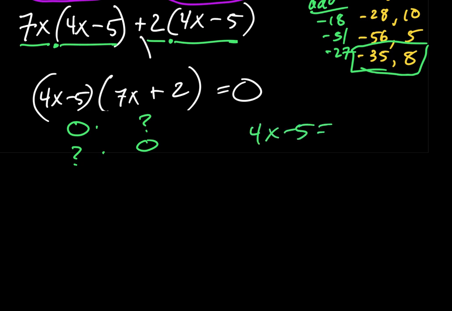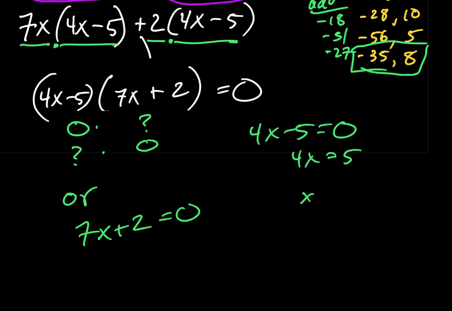So 4x minus 5 equals 0, or 7x plus 2 equals 0. I'd have two equations I'd have to solve, and you'd have two solutions to a quadratic.